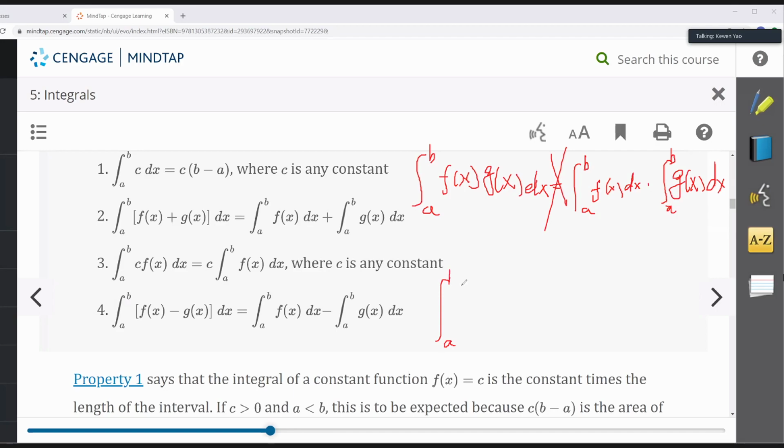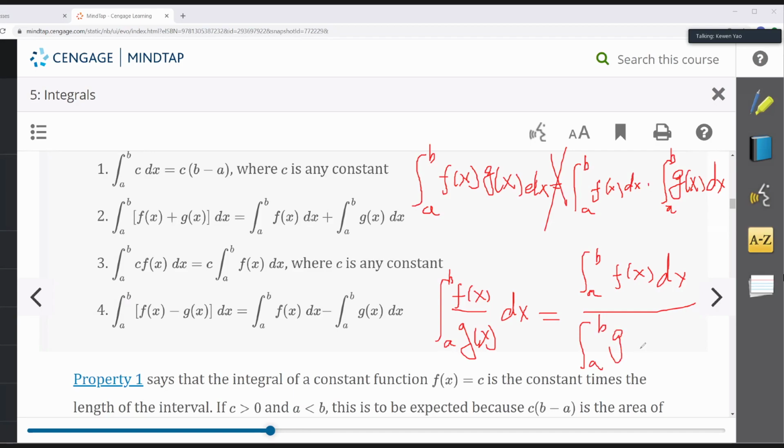For A to B, f(x) over g(x). Somebody say, can we do that? Do we have this nice property, the integral from A to B of f(x) dx over the integral from A to B of g(x) dx?